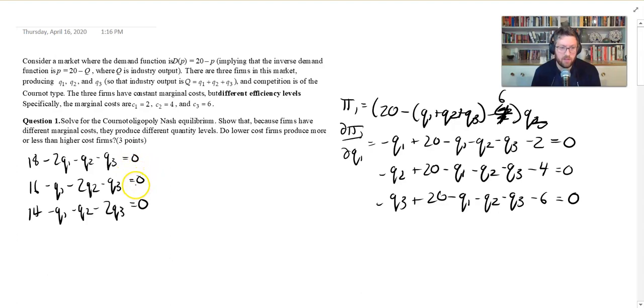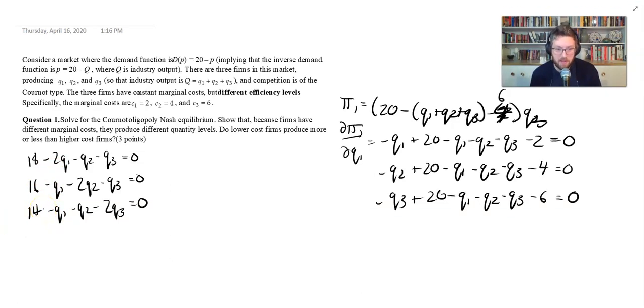So there's a couple different ways you could go. One is that you might want to eliminate Q1 from 2 of these equations. So one way that you could do that is if we combine these last 2 equations but multiply the last one by negative 1 on both sides, then we basically have 16 minus 14, that's 2, negative 1 minus minus 1 or plus 1, that's 0.